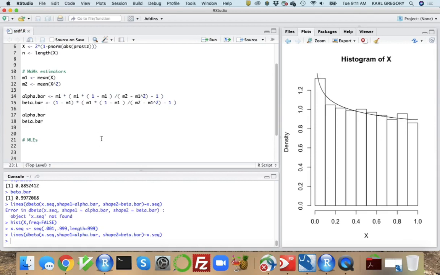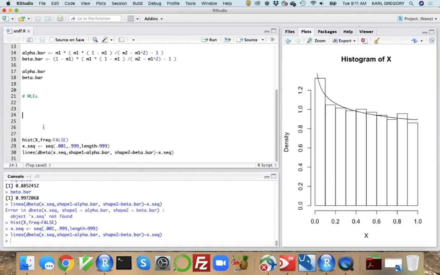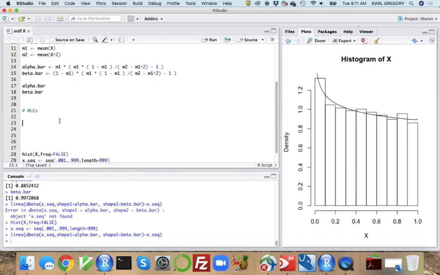Now we want to compute the maximum likelihood estimators, so MLEs. To do this, we don't have any nice formula for computing them. We can write down the log likelihood function, but minimizing it is not something we can do on paper, so we're going to have the computer do it for us. We're going to use an R function called optim. Before, we used a function called uniroot, which was for finding the roots of a function.